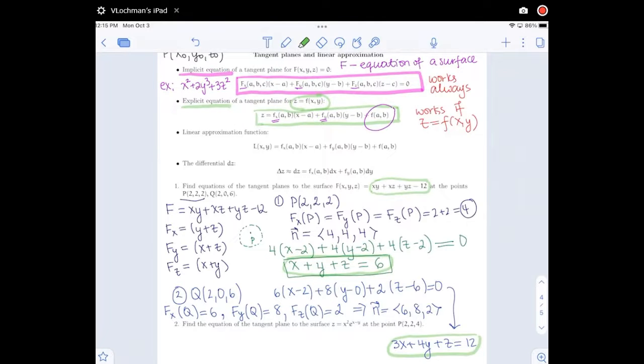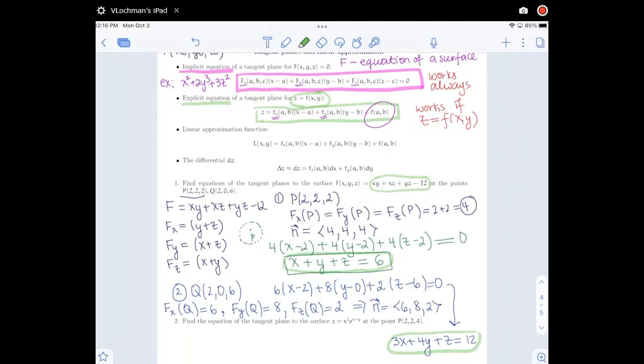Let me know if you would like to discuss anything, and then we'll take a look at an example where we'll use an explicit equation. No questions, no comments?